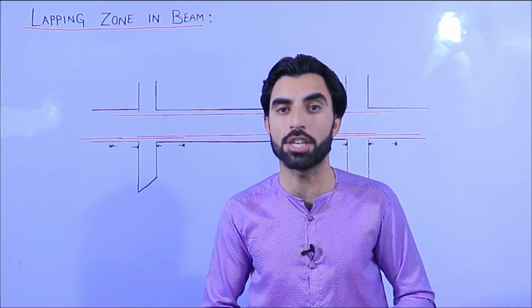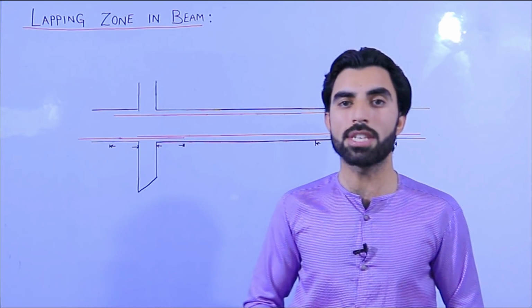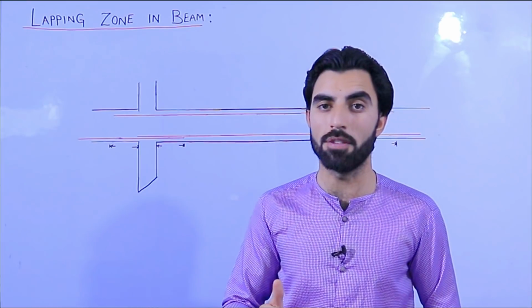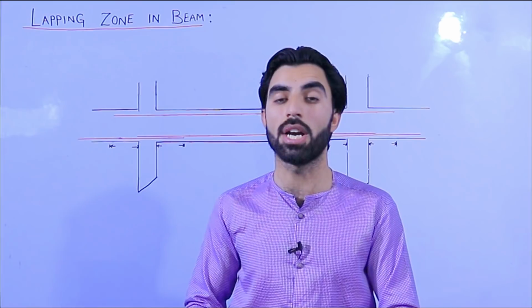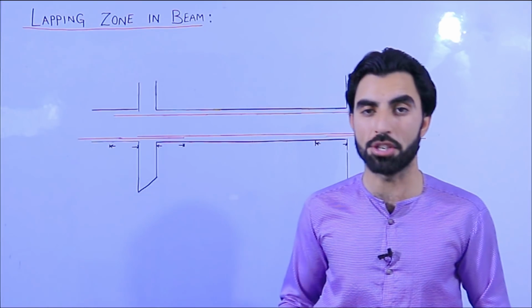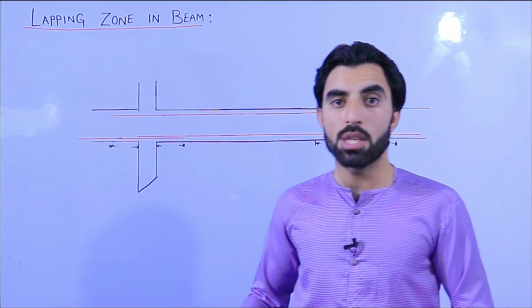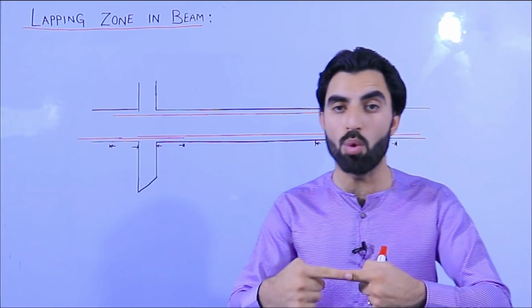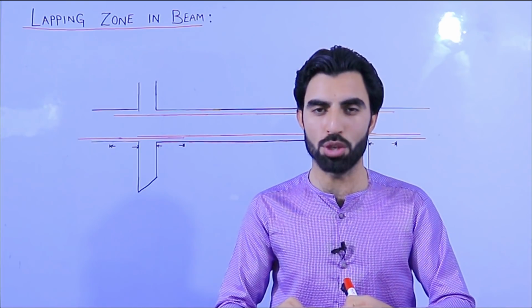As you know, from the factory we have a standard steel length of 12 meters. So for example, if we require a steel length for an RCC beam of 18, 19 or 20 meters, there we need to overlap one steel bar to another to get the full length of the longitudinal bar.